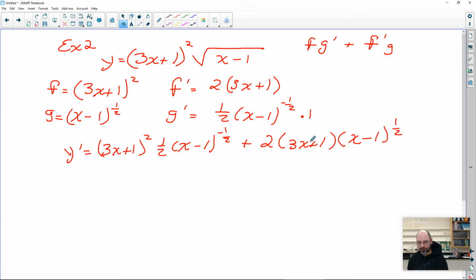And we're not even going to bother. We could common factor this one out, and we could common factor this one out, and divide it there, and do all that kind of stuff.